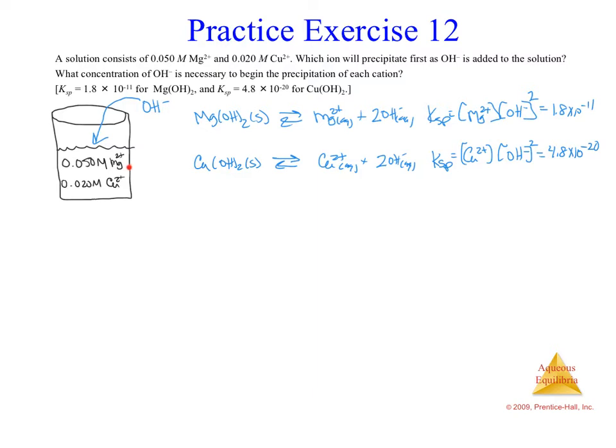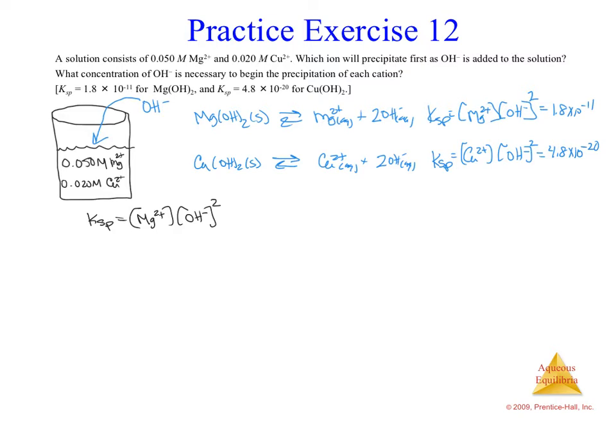What math will we do? We're going to solve for the hydroxide molarity for each of these individual ions that is in equilibrium with the solid. So let's look at magnesium first. I'll rewrite my KSP reaction for magnesium: KSP equals magnesium 2+ times hydroxide squared.